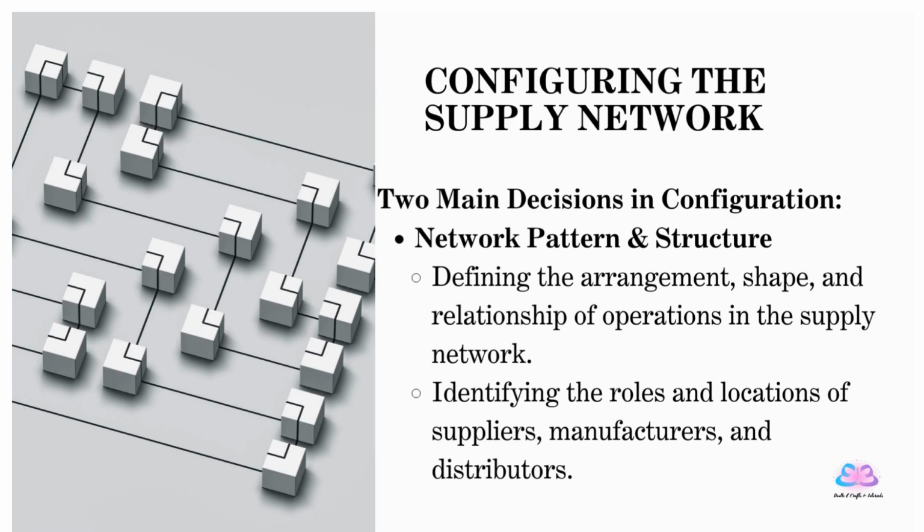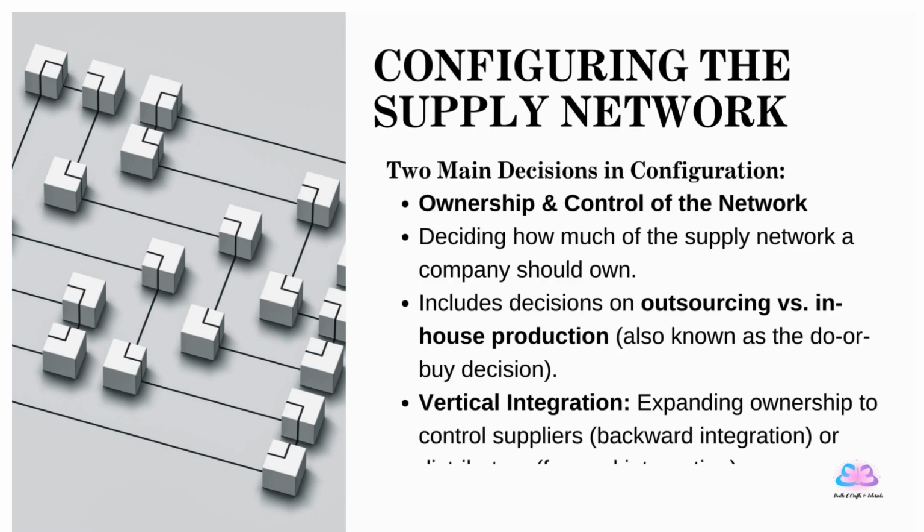Identifying the roles and locations of key players in the network is essential to optimizing efficiency and cost effectiveness. Now, as we continue, we'll explore other crucial decisions in supply network configuration that influence long-term success. Continuing our discussion on supply network configuration, another key decision businesses must make is ownership and control of the network.